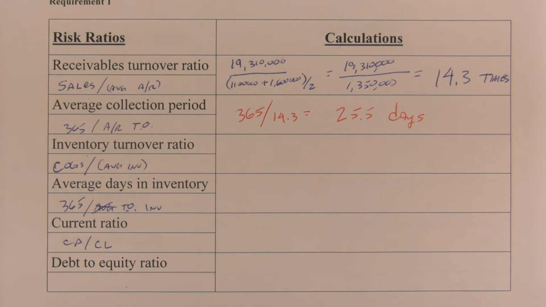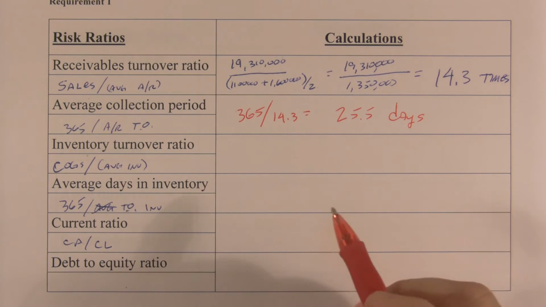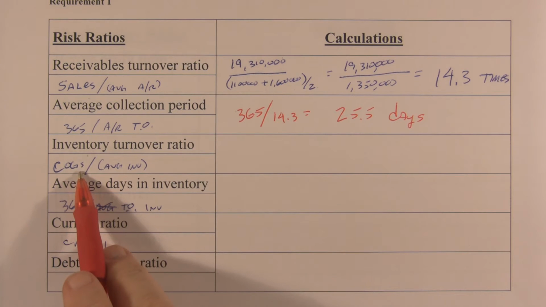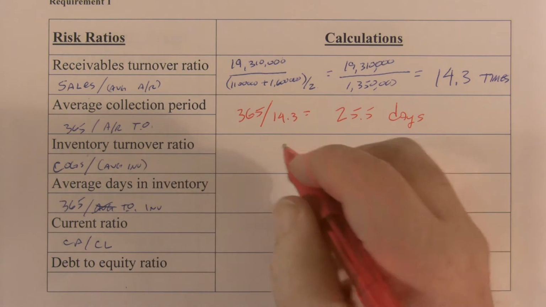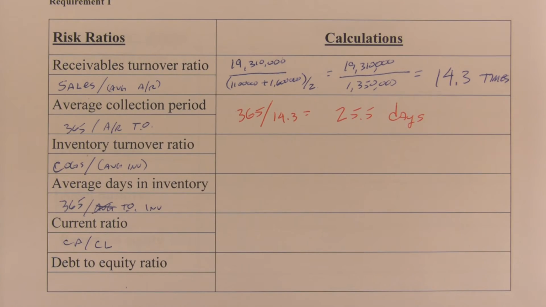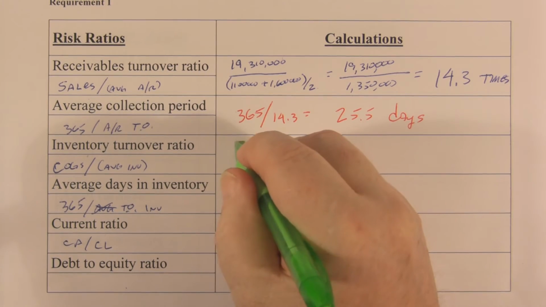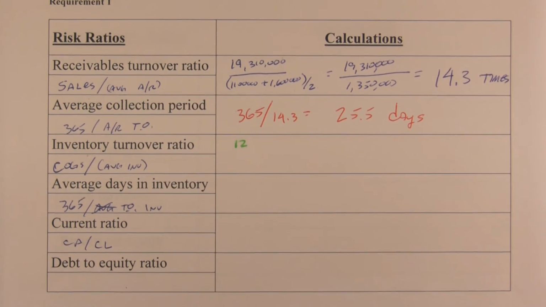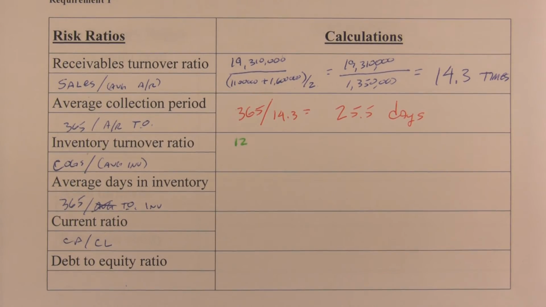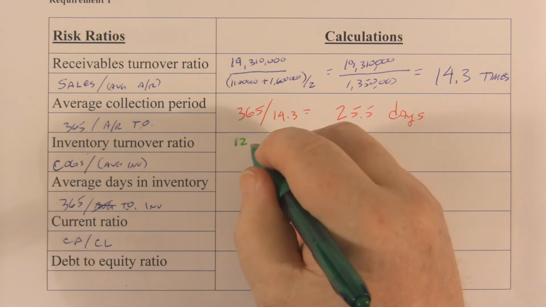The inventory turnover ratio is very similar to the receivables turnover ratio, except we use the cost of goods sold, and we're given the cost of goods sold of 12,250,000.